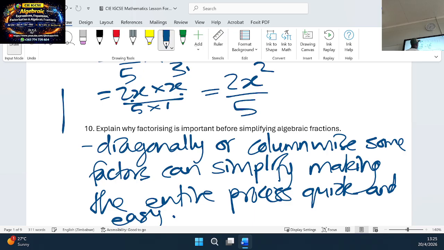So I think basically that's why factorization is quite important when we are simplifying algebraic fractions or expressions themselves.